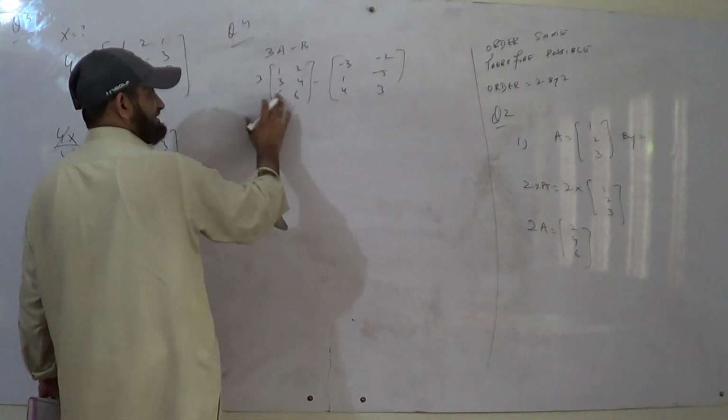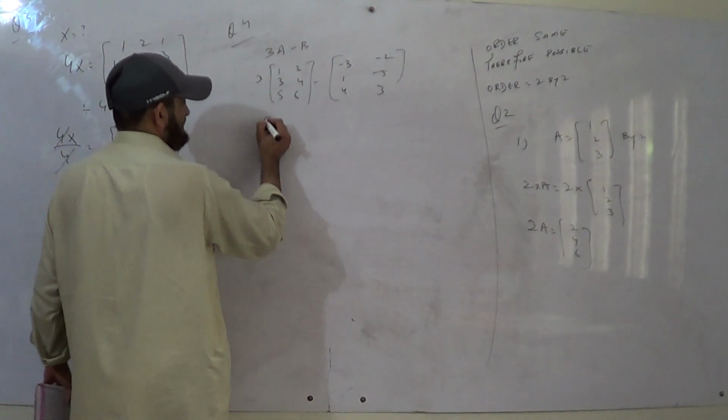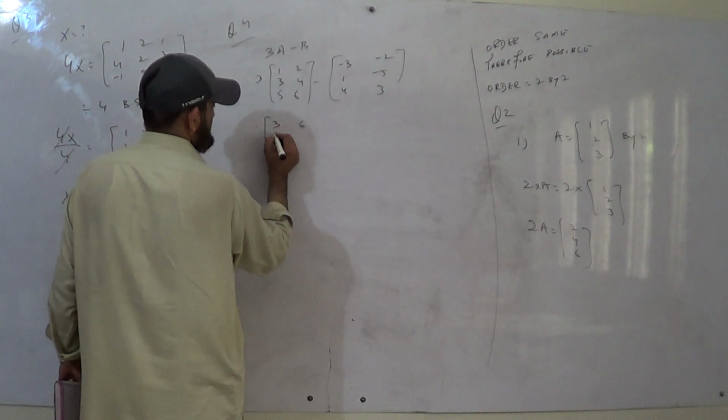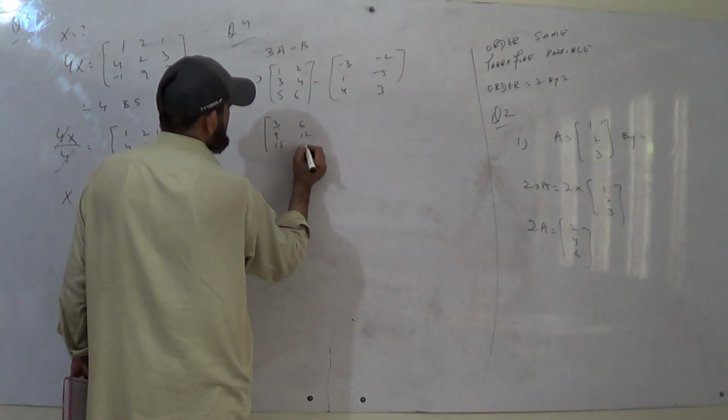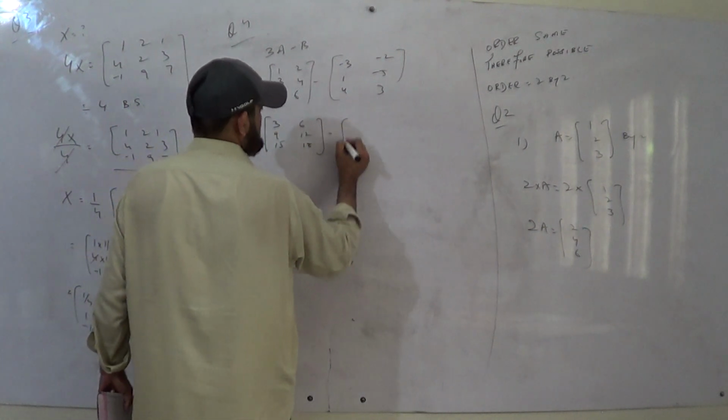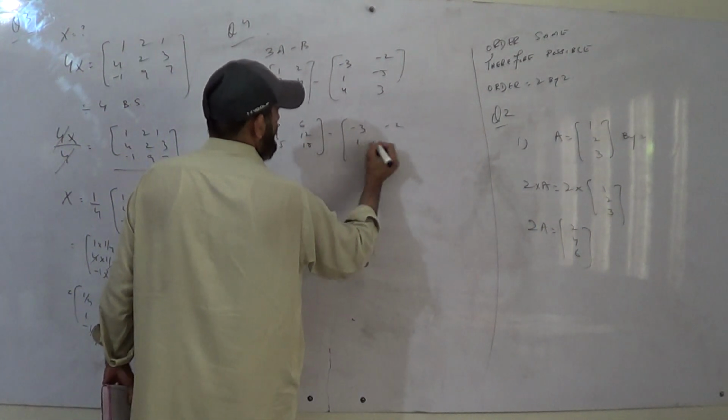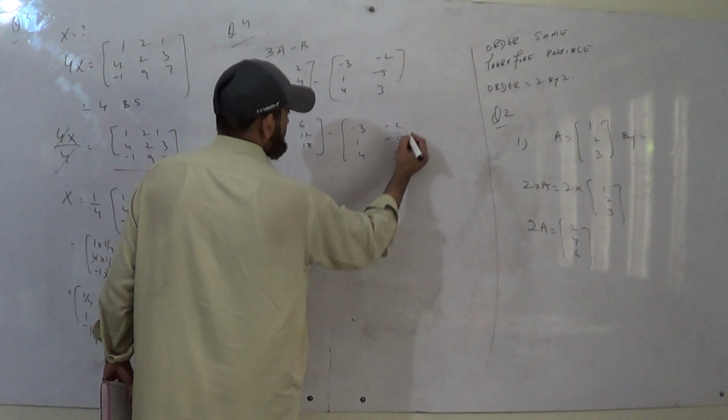First of all, we multiply 3 with the first matrix. We get 3, 6, 9, 12, 15 and 18. Minus minus 3, minus 2, 1, minus 5, 4 and 3.